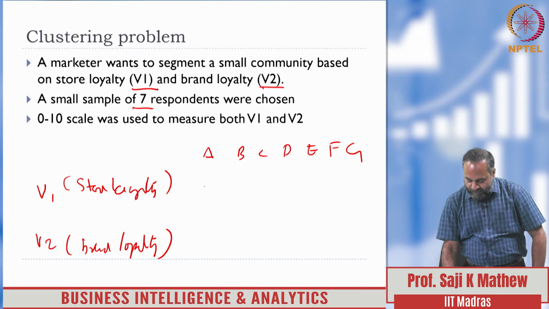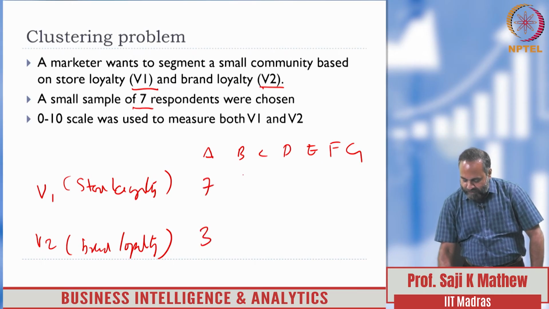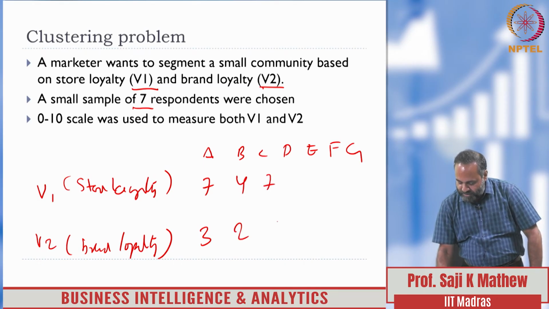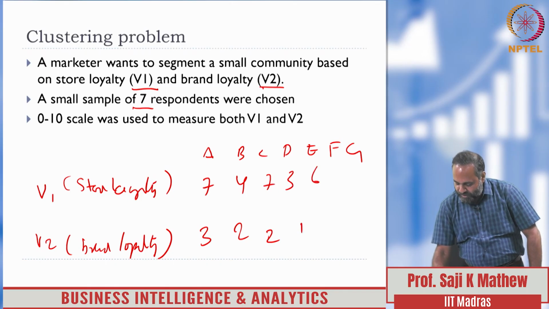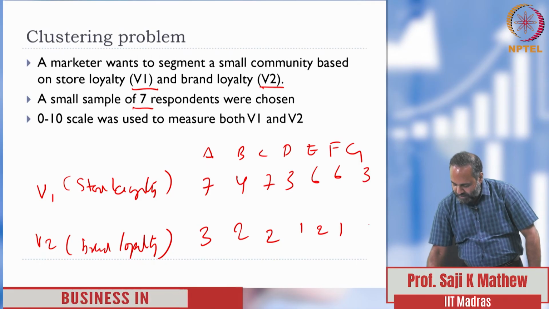Respondent A gives 7, 3. B gives 4, 2. C gives 7, 2. D gives 3, 1. Then 6, 2. 6, 1. 3, 2.